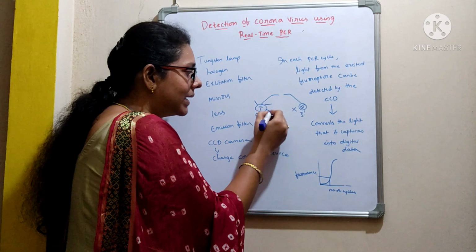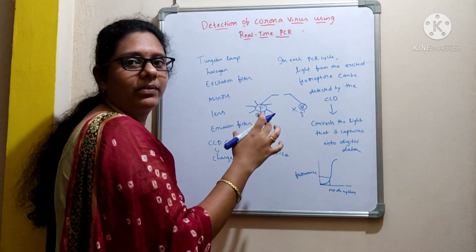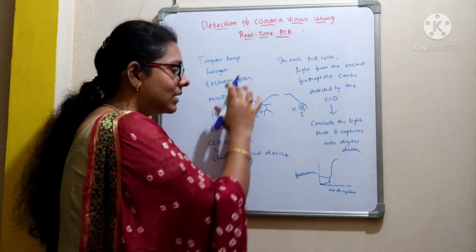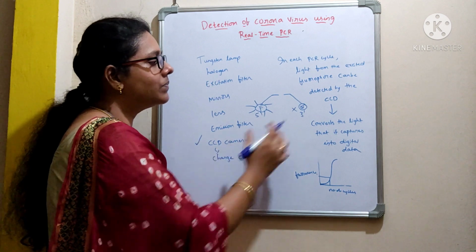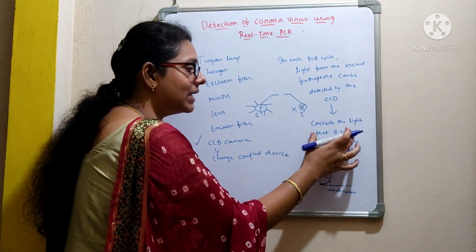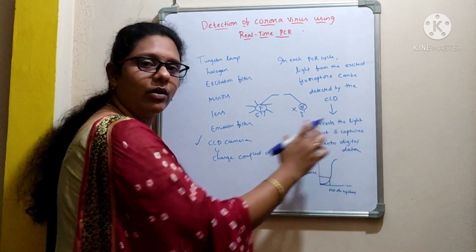Now it will emit the light. So that emitted light will be detected by the CCD camera, and that will convert the light it captured into digital data that will be displayed on the screen.